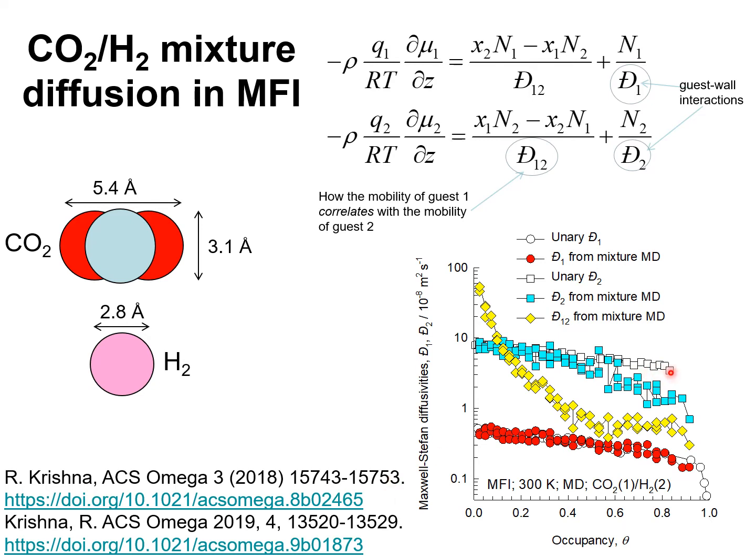The open symbols indicated by these square symbols here represent the unary diffusivity of hydrogen, also from molecular dynamics, and the open circles represent the Maxwell Stefan diffusivity of CO2 in MFI zeolite, determined from unary MD simulations.